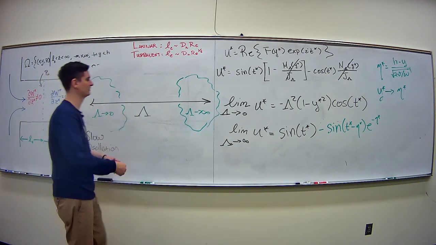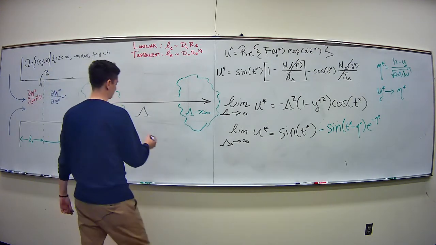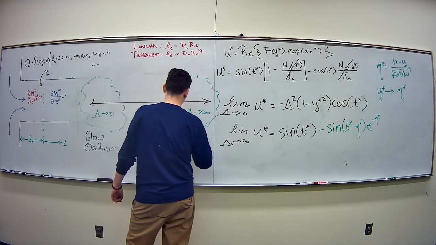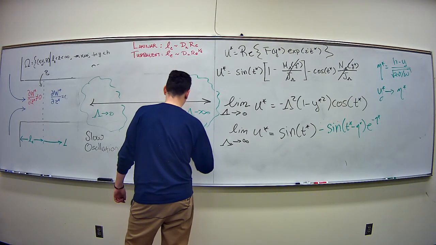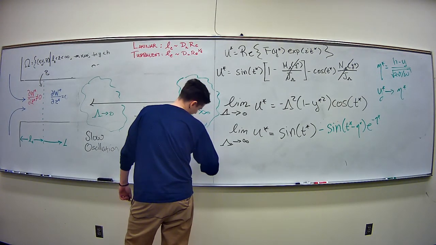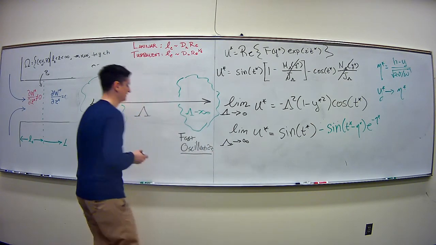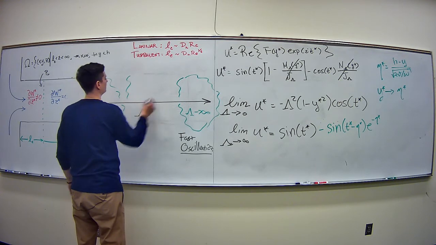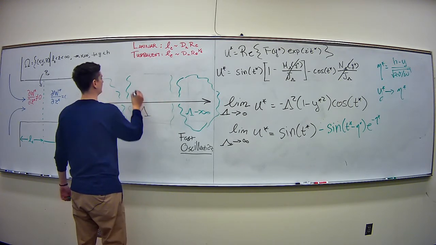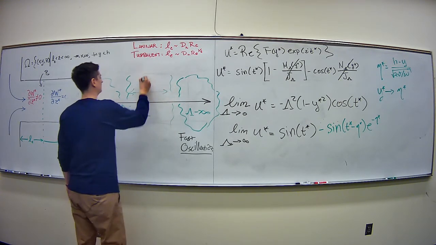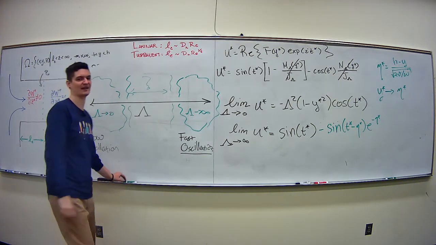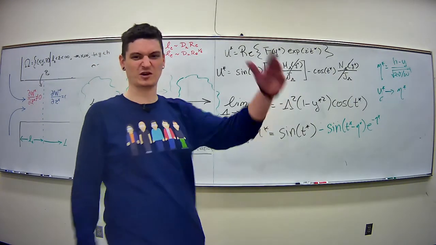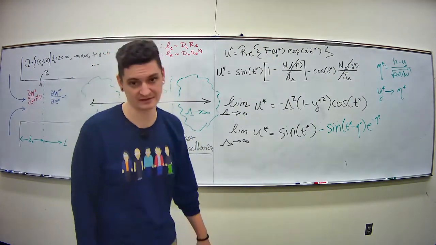I have a handle on how the solution looks for a very slow oscillation, and I have a handle on what it looks like for very fast oscillations. The methods of really filling in the blanks right here, having uniformly valid solutions over the entire domain of parameters, is next lecture.